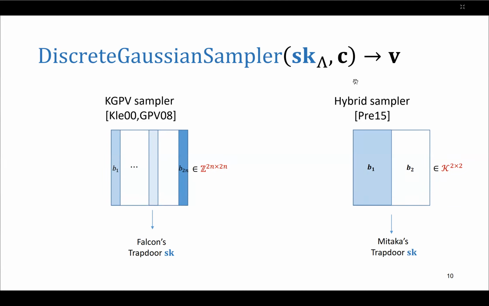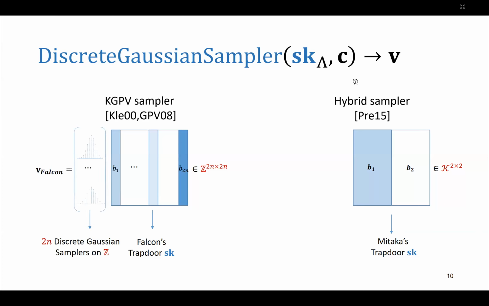As you can see here, in Klein and GPV, Sk can be seen as a matrix over Z of dimension 2n times 2n, while in the hybrid sampler it is a matrix over K of dimension 2 times 2.